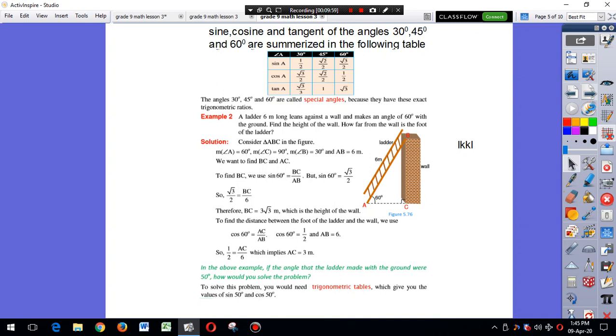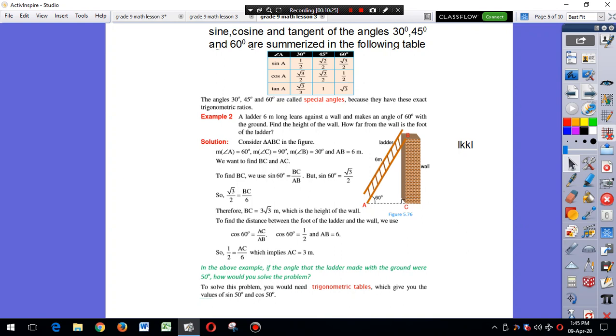Measurement of angle B is 30 degrees and AB, the length of the ladder, is 6 meters. We want to find BC and AC, which are the height of the building and the distance between the foot of the ladder and the building.